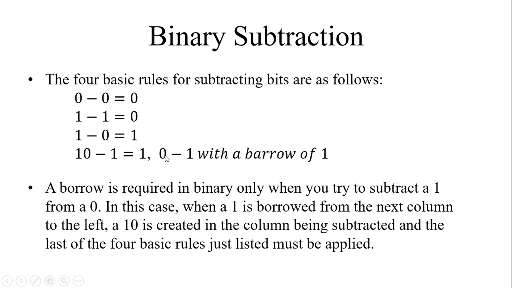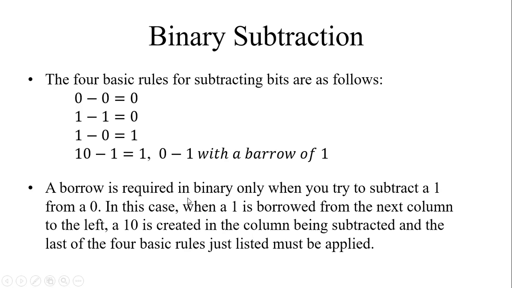For this situation, we need a borrow from the next significant position. So when we bring a borrow to this 0, this becomes 10. So 10 minus 1 equals 1. So this is the 0 minus 1 situation with a borrow of 1 from the next column.